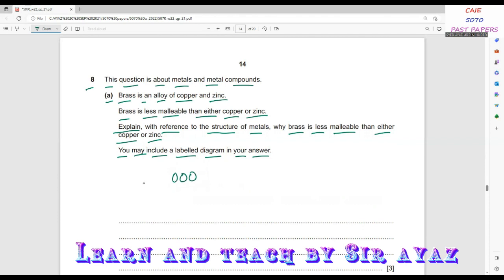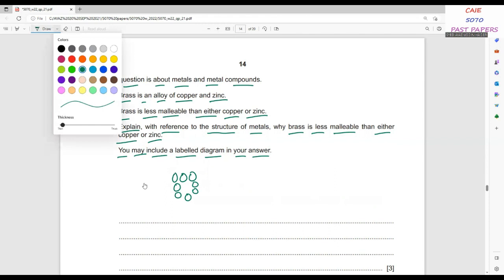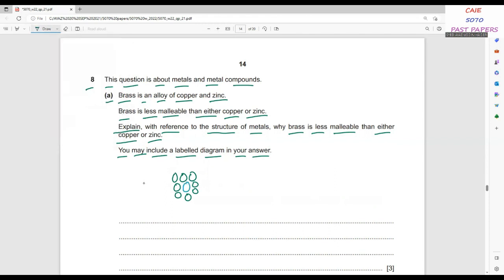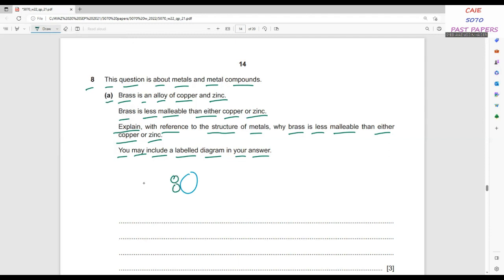These will be small atoms. This is a large size atom, and these are the small atoms.